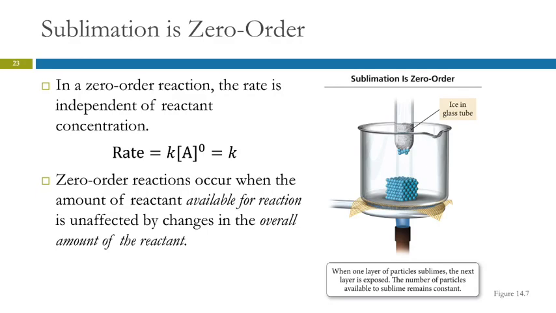The more particles on the surface, the faster the sublimation occurs. But as one layer of atoms sublimates, another layer of atoms underneath is there right away. So essentially, the area of this is not changing, at least within a reasonable period of time. And so the rate of the sublimation does not depend on the concentration.